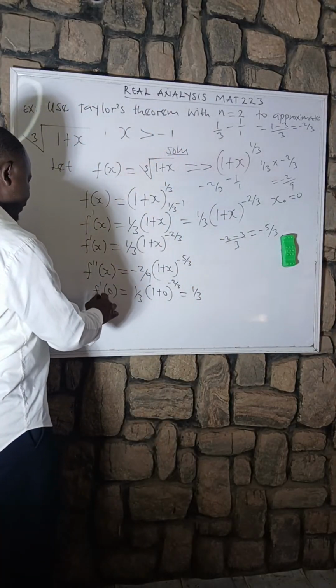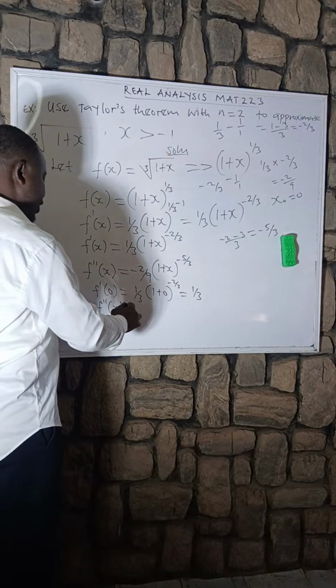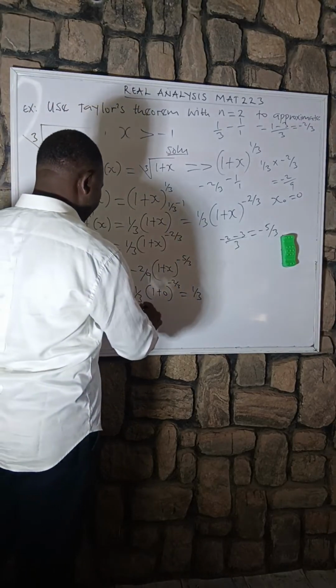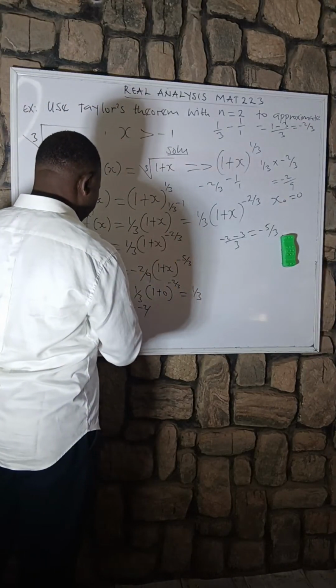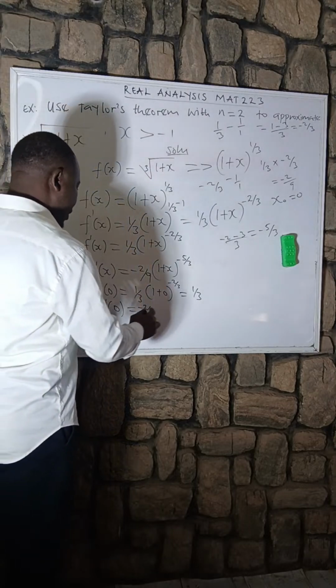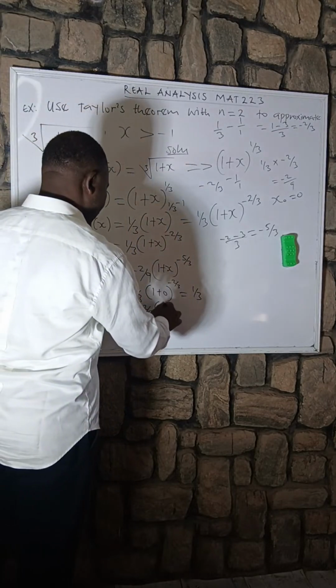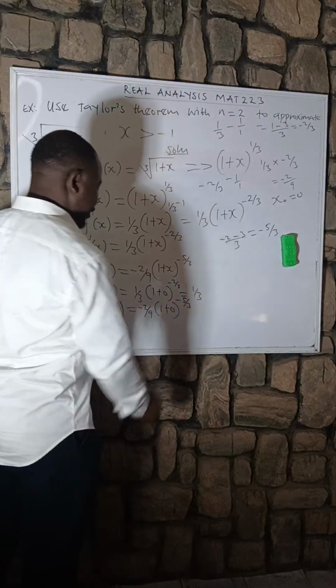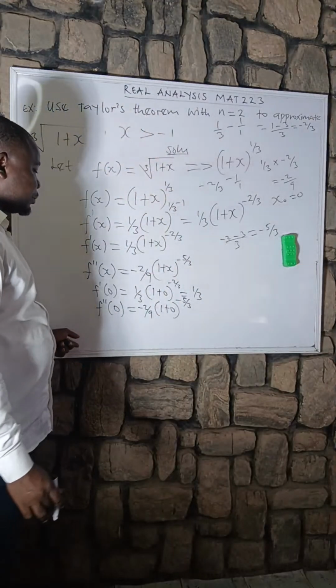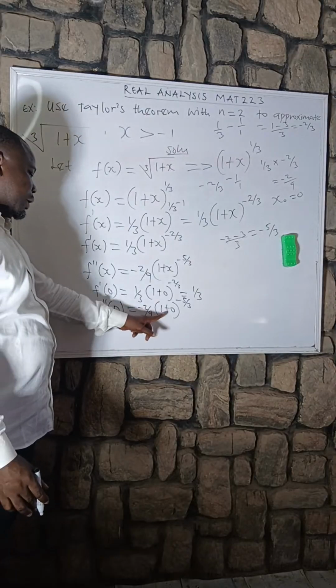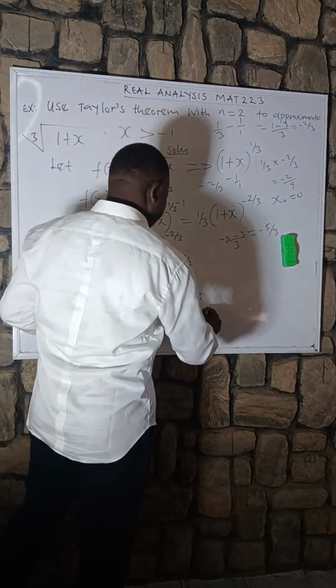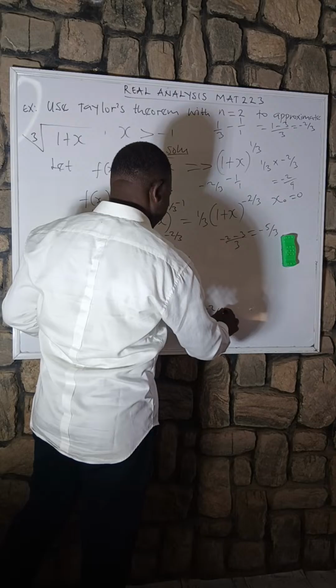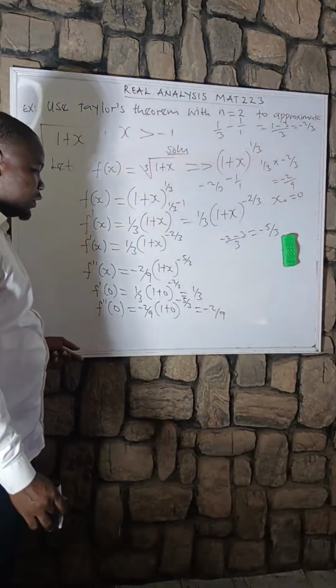Then our f prime of x equals minus 2 all over 9, open bracket 1 plus 0, to the power of minus 5 all over 3. Do you agree with me? Yeah. So at the end of the day, this is what you are going to have, minus 2 all over 9. True or false?